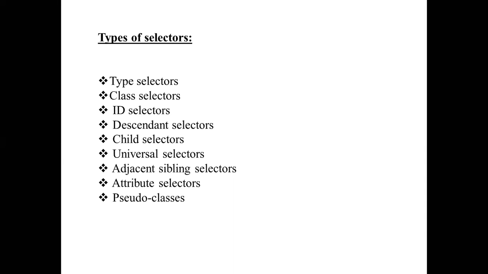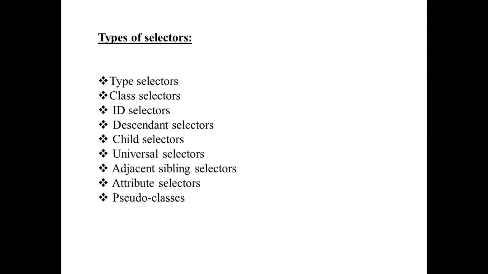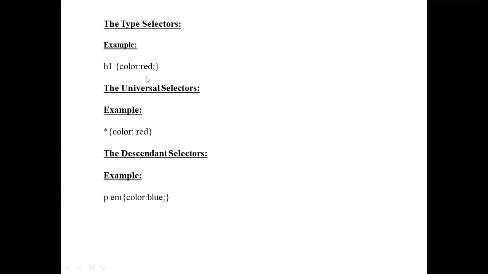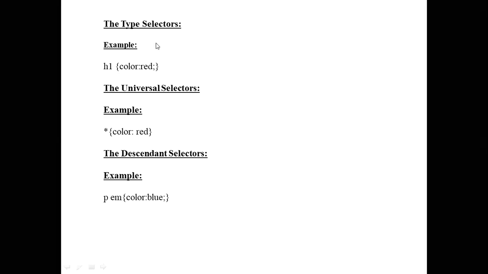The first one is the type selector. A type selector is a single element name. In this case, the property values in the rule apply to all occurrences of named elements. An example for a type selector is h1 { color: red }. Here h1 is the selector, the property is color, and the value is red.